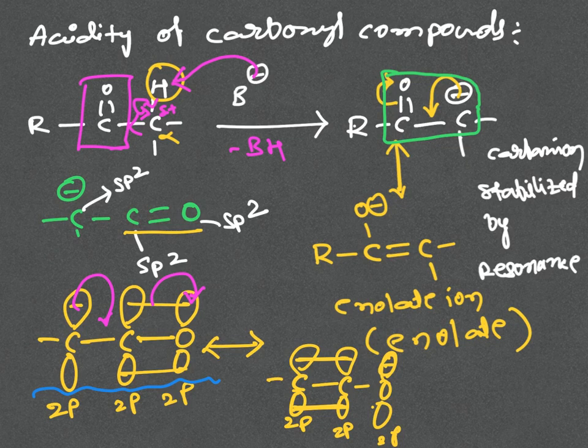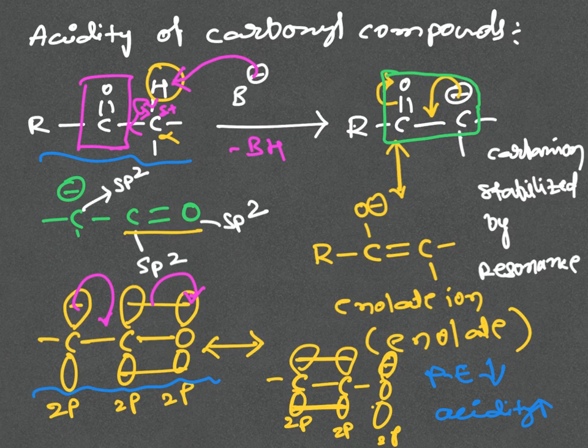As a result of perfect overlapping, the potential energy of the system decreases and acidity increases. Because potential energy decreases, stability increases. If stability increases, the carbonyl compound readily loses H plus. If it readily loses H plus, that shows higher acidic strength.